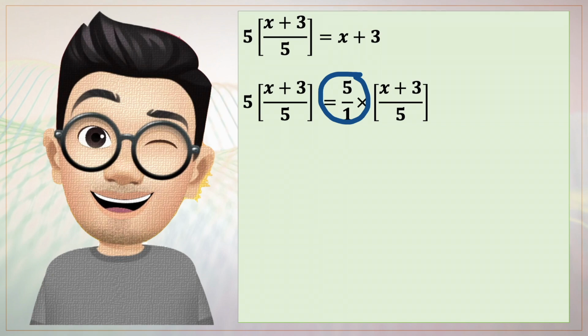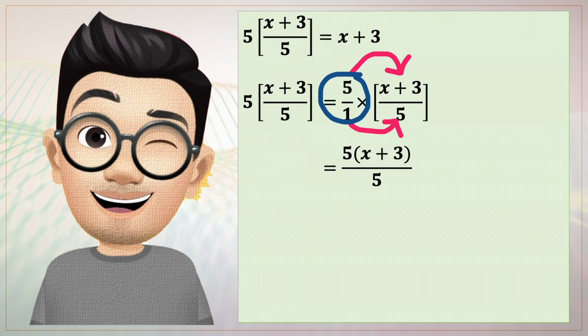Since we are multiplying two fractions, we will apply the rule numerator to numerator, denominator to denominator. Therefore, we will have 5 multiplied by quantity x plus 3, then 1 multiplied by 5 will give us 5.